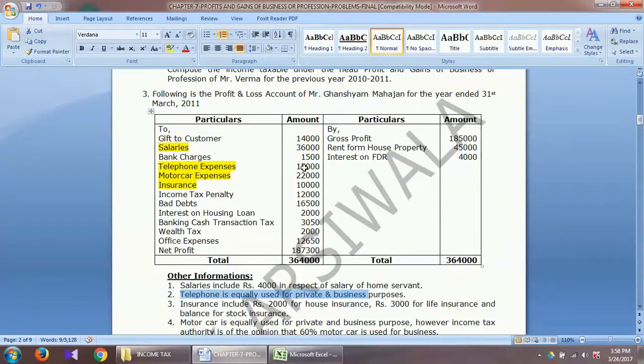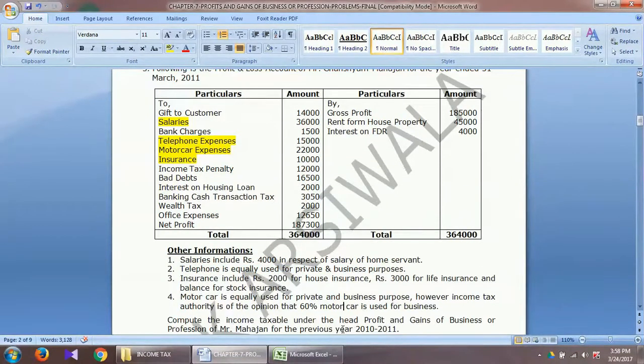Then comes the motor car expenses. Motor car is also given that we are using it equally for private and business purposes. However, the income tax authorities have an opinion that 60% of motor car is used for business and 40% is used for personal purposes.